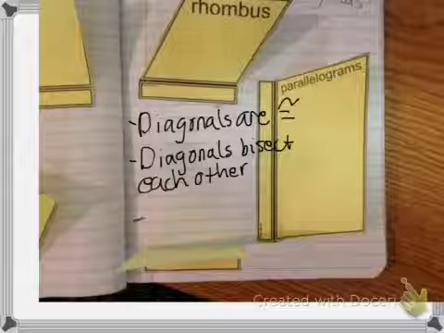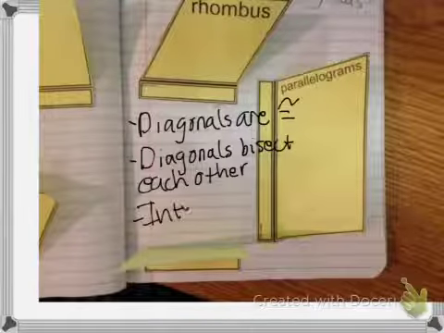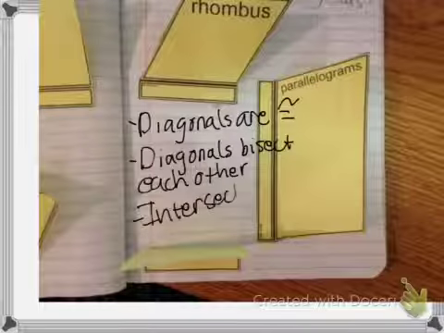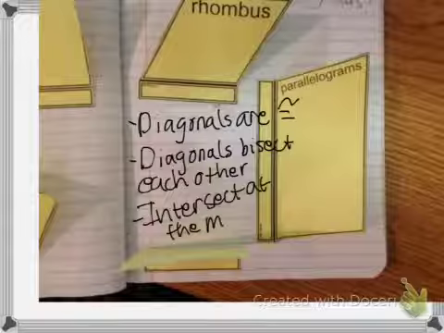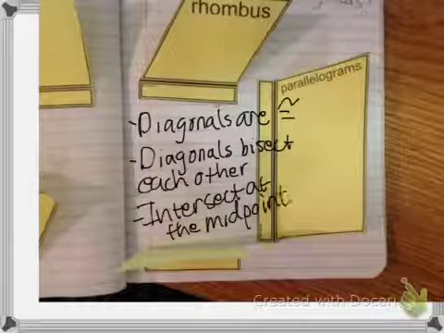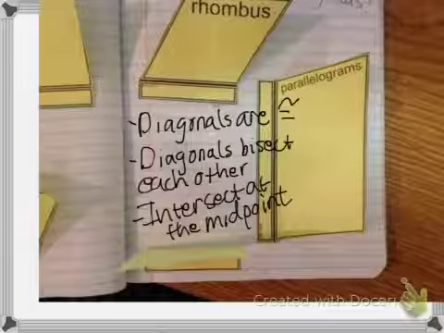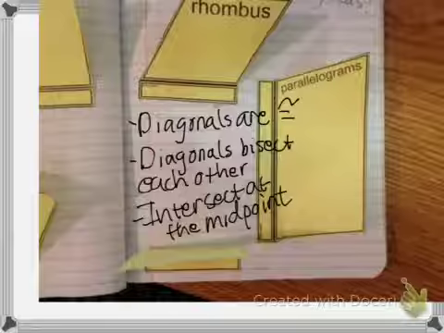And because the diagonals bisect each other, they are going to intersect at the midpoints. So those are the three things about the rectangle. All right, we have one left. Let's look at the perfect square now.